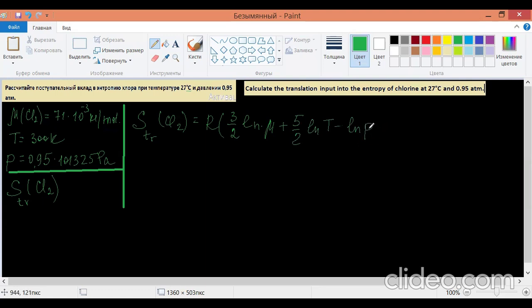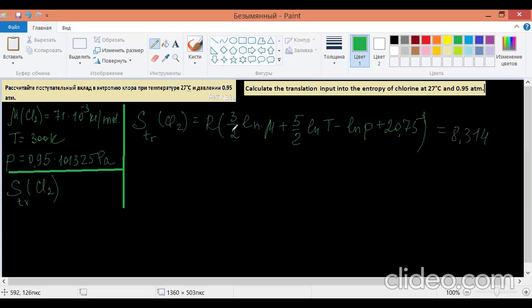But remember that the measurement units of the pressure should be converted into pascals, not any other, plus 20.75. This formula has been derived previously, and it shouldn't bring about great problems, because we used it many times, as I said above.